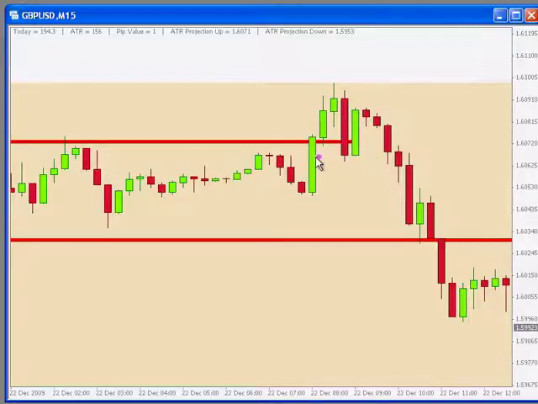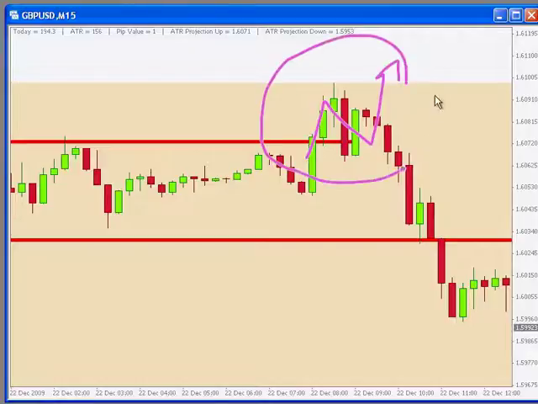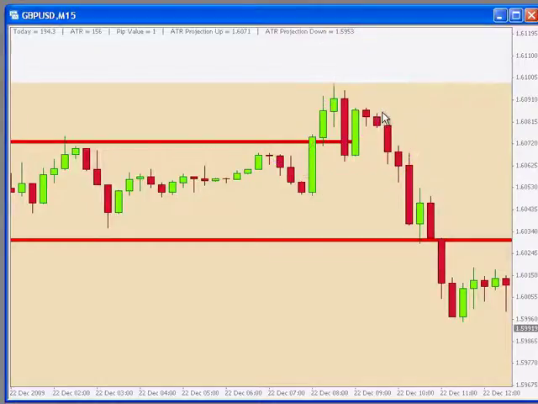That's why we always want to wait for the breakout pullback continuation pattern. This pattern is the confirmation of a breakout from a technical point of view. If you just get a single breakout, that simple breakout can still turn into a fake breakout.